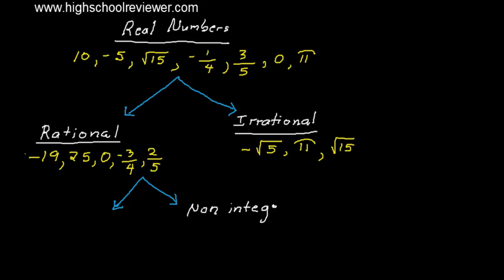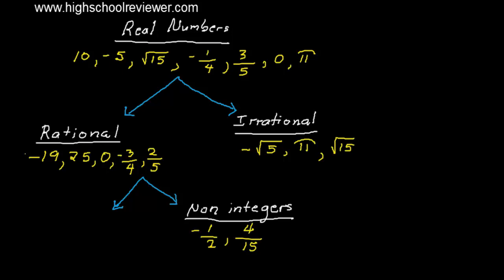What are examples of non-integers? Some examples of non-integers are the negative fractions, like negative 1/2, and then the positive fractions, for example, 4/15. So the negative and the positive fractions belong to the non-integer types of numbers.